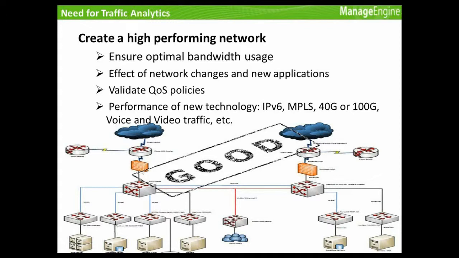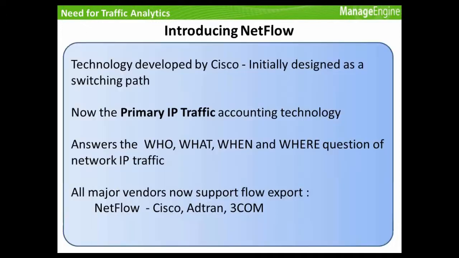So whenever you implement a new technology, how do you find out the impact of the new technology on your network? Or how do you actually find out if the new technology you adopted is working properly? How is its performance? For this factor also you need bandwidth analysis. So these are some of the reasons why we needed bandwidth analysis.